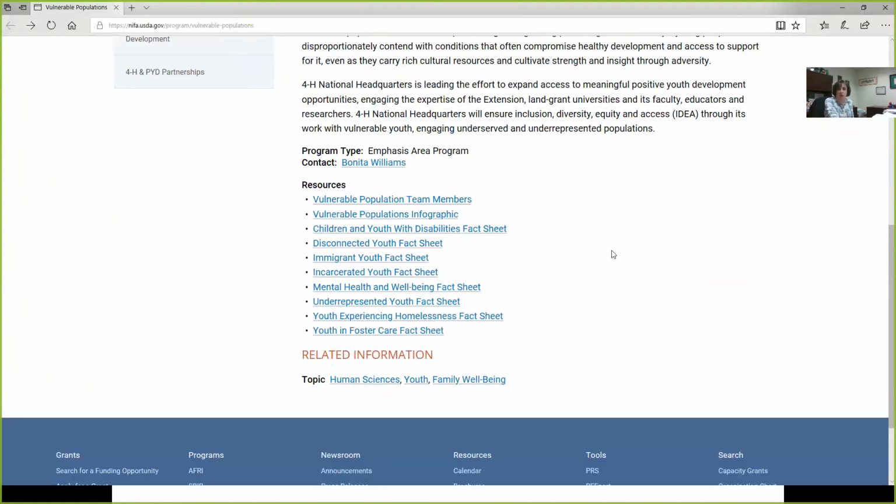The thing that I really like about it is it gives fact sheets about children and youth with disabilities, disconnected youth, immigrant youth, and incarcerated youth. I've saved all of those, and I'm going to put them into the box file with all of the other handouts, but I think this page is one to keep in your arsenal of websites.